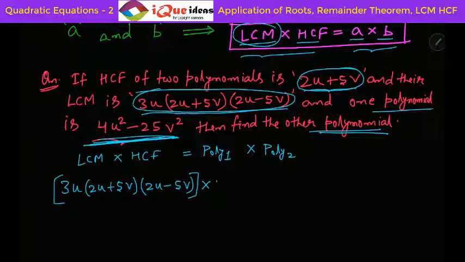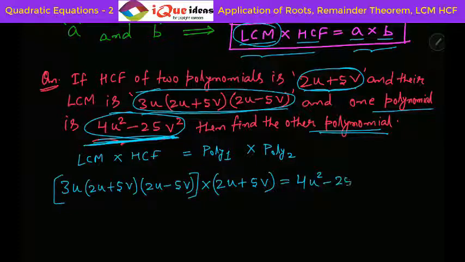We'll put it here. (2u plus 5v) should be equal to, the first polynomial is this one, 4u square minus 25v square, into the second polynomial. Let's call it poly 2, right?